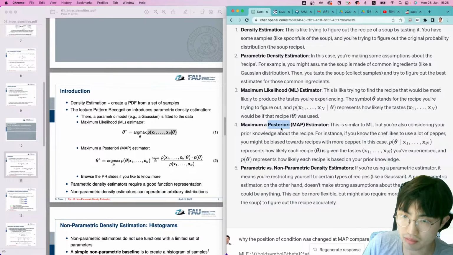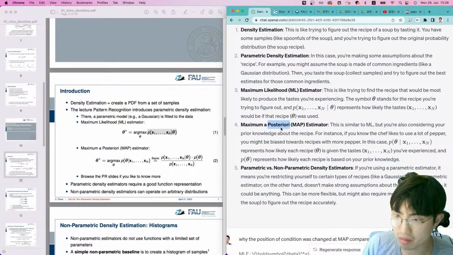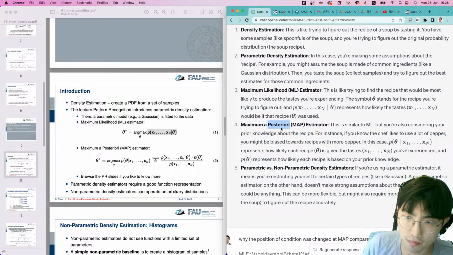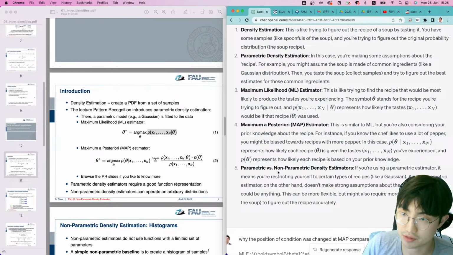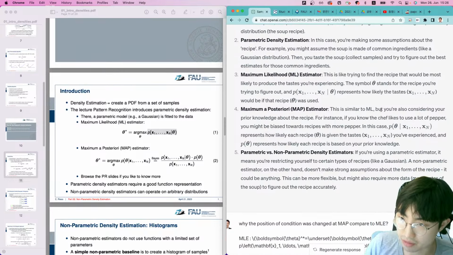Posterior means posterior. We want to maximize the posterior given prior knowledge. This is similar to maximum likelihood, but you are also considering your prior knowledge about the recipe.